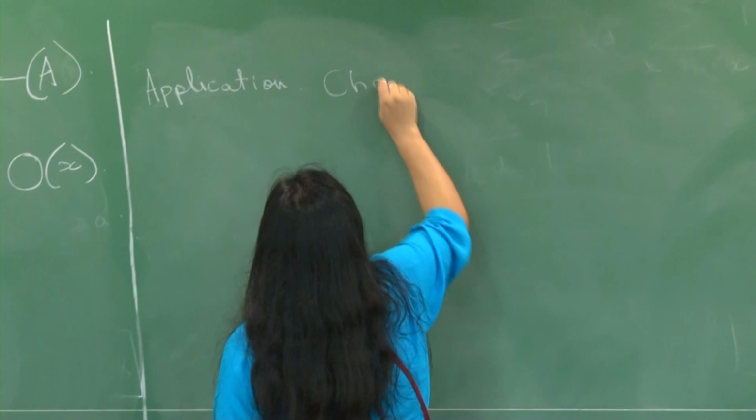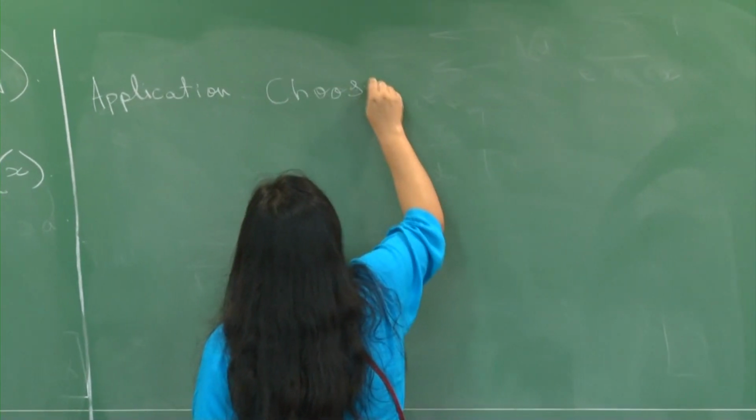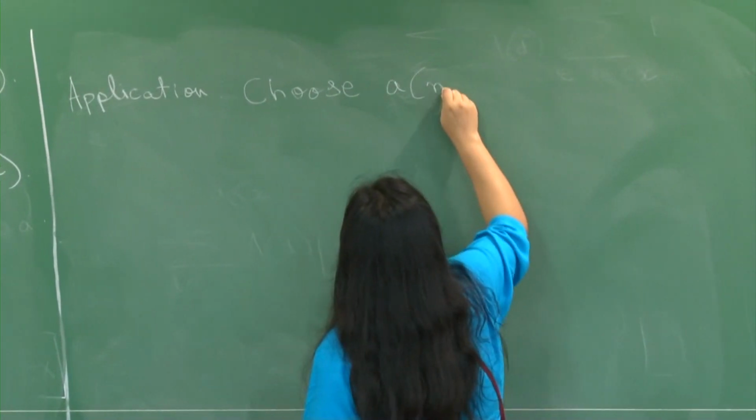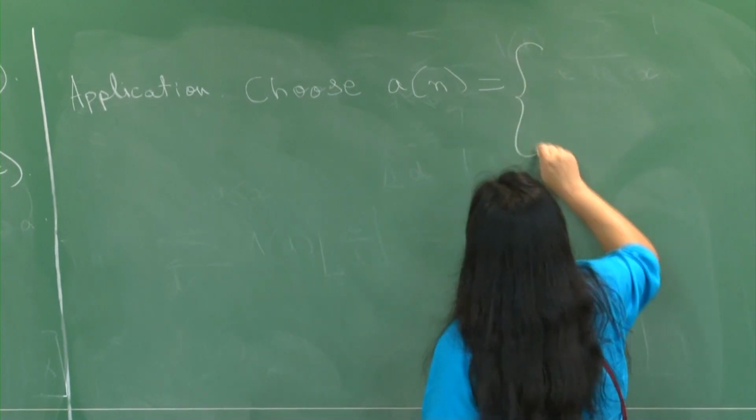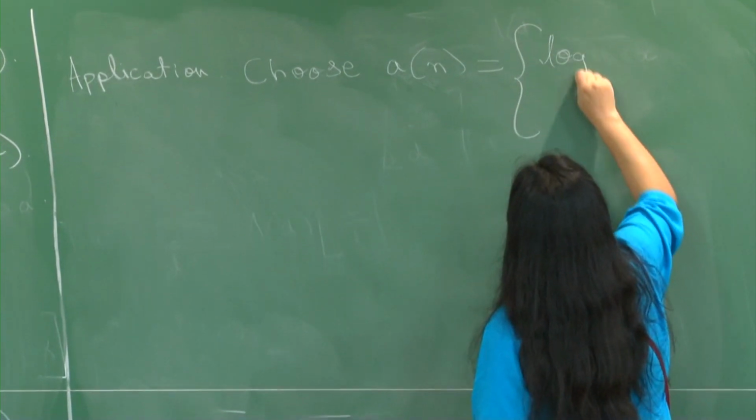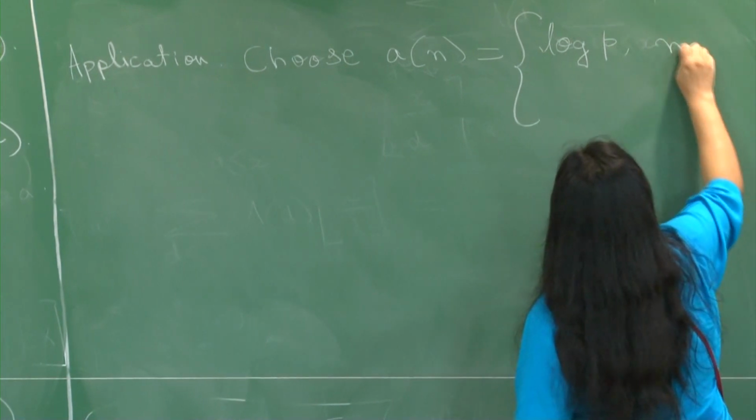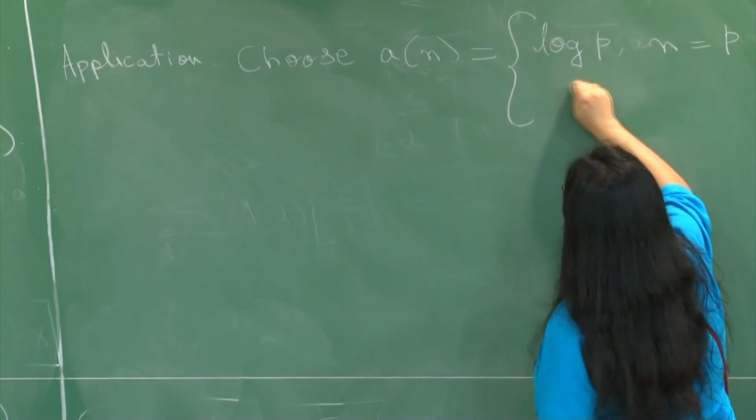Choose A of n to be log p if n is a prime and 0 otherwise.